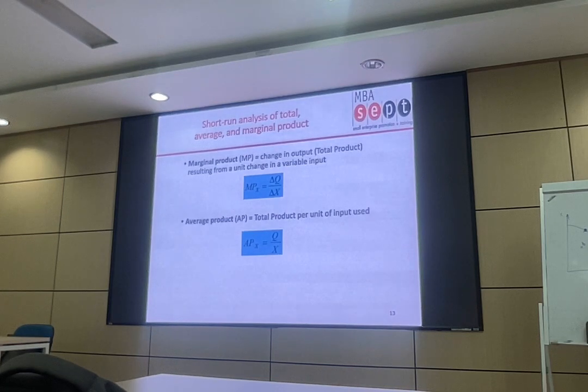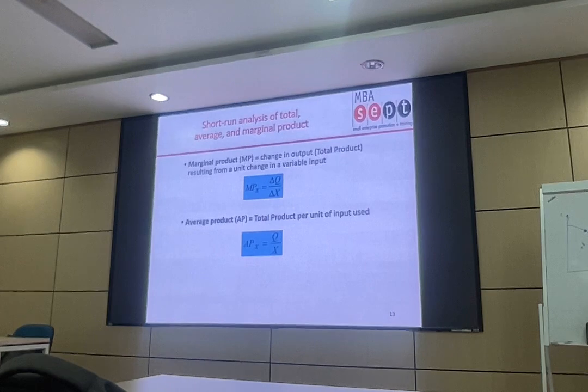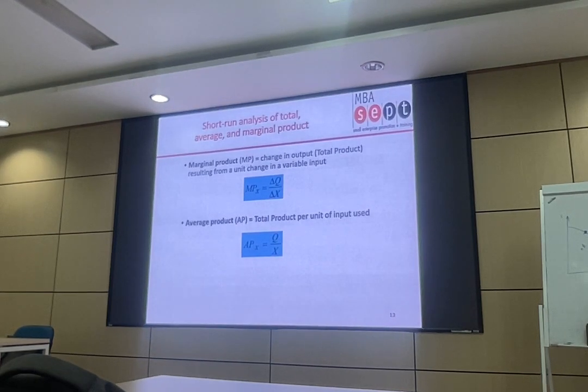And if we have the term marginal product, we will have the term marginal revenue. How do you guess the definition of marginal revenue? If marginal product is the change in output resulting from a unit change in a variable input, how about the marginal revenue?